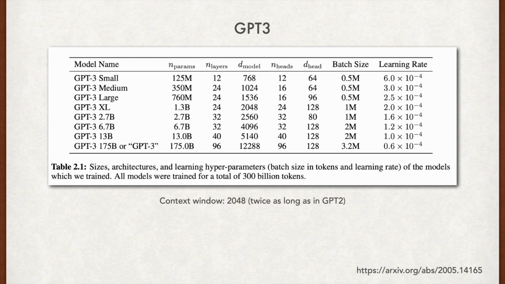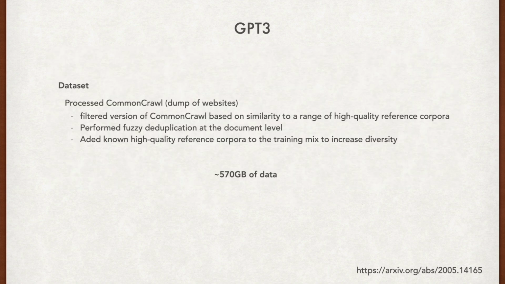What is also very important and not mentioned in this table, the GPT-3 model can handle even longer contexts than the previous iterations. It can consume the last 2048 tokens. Such a huge network needs an appropriate amount of data to be trained on. The authors of GPT-3 used the Common Crawl dataset, which consists of a dump of crawled websites.